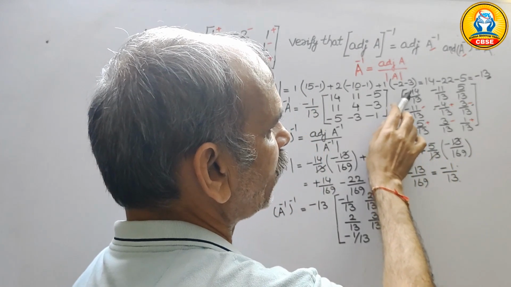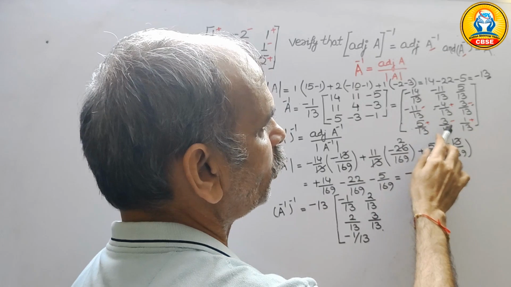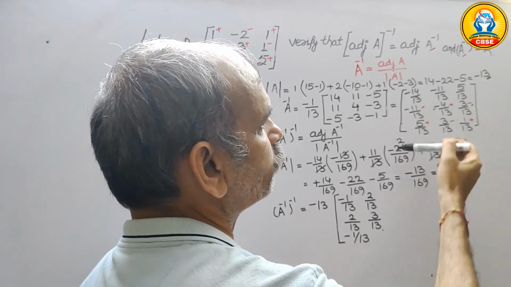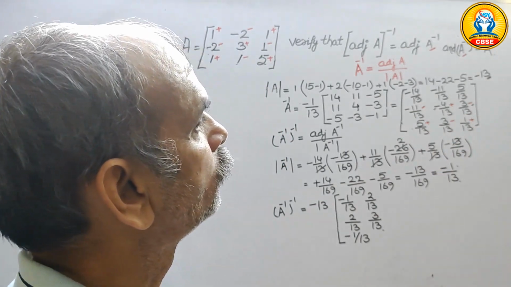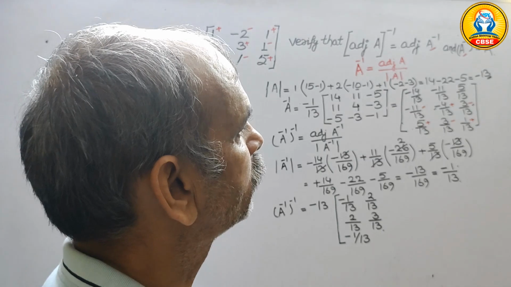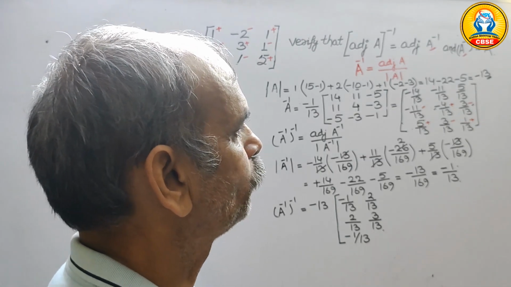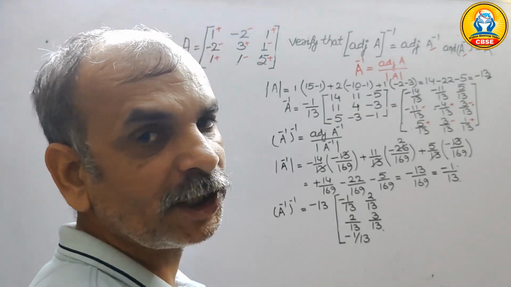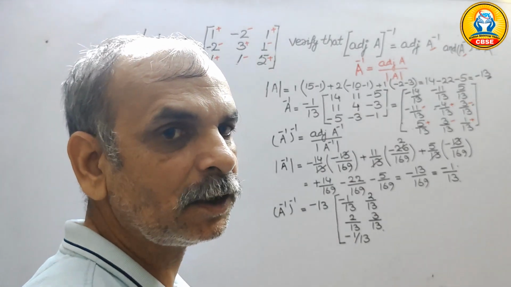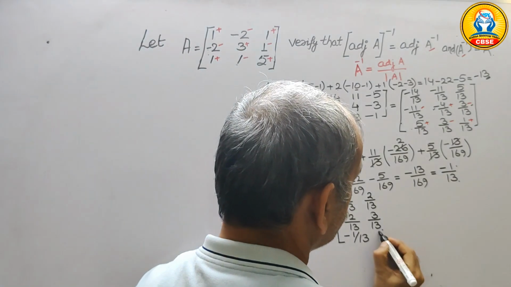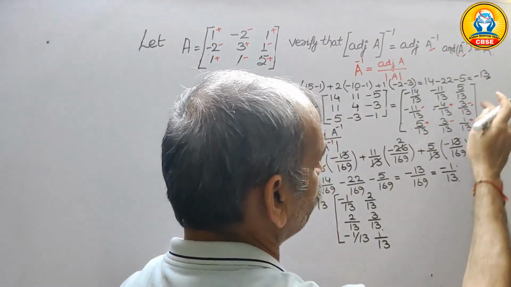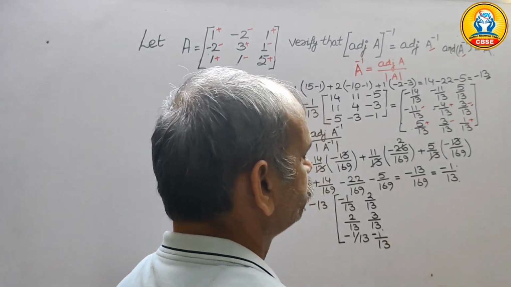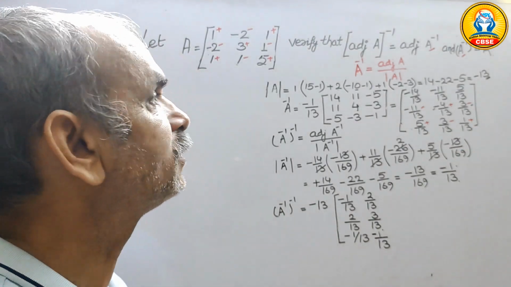So here it is minus 14 into 3 is minus 42. Minus 42 plus 55 is 13. So 13 by 169. We will get 1 by 13. 1 by 13. And the position is negative. So we will get minus here. Minus 1 by 13.